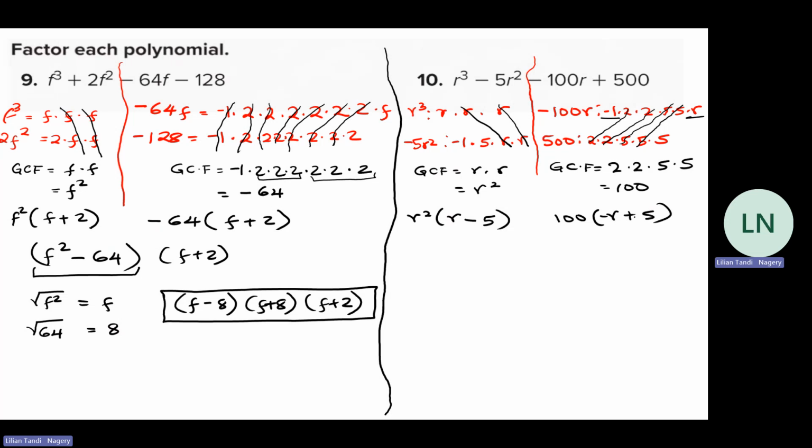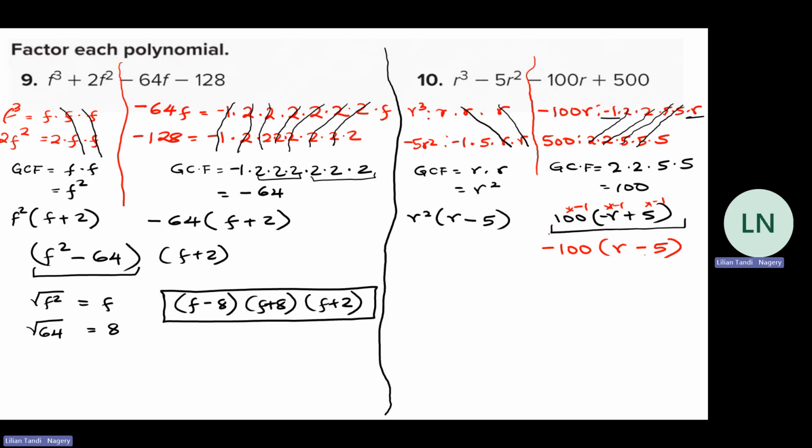As you notice, the inside of my brackets are not the same, so I have to change them to be the same. I will multiply by negative 1. So this becomes negative 100, positive r, negative 5.